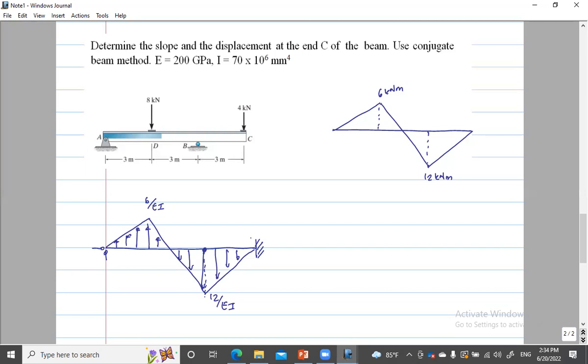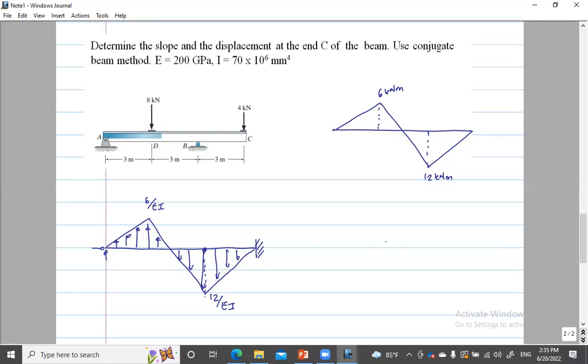Say you have a cantilever and they have another beam. So this beam transfers the load on the cantilever. So the BA component of the conjugate beam is going to transfer the load at B to the cantilever BC. So the BC is going to be a cantilever.